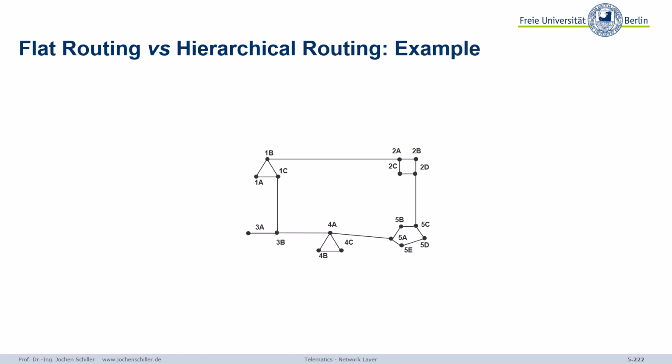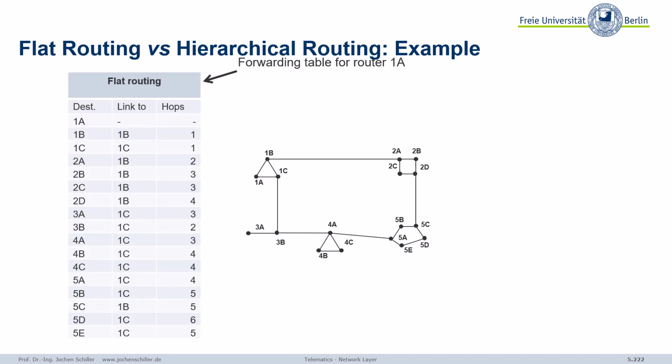Also some examples here. So assume a network as shown here. Then if you do flat routing, then basically the router 1A, this one, has to know everything. Has to know, for example, that there's a router 5D, and if there's a host connected to this, for 5D I go via 1C, and this is 6 hops.